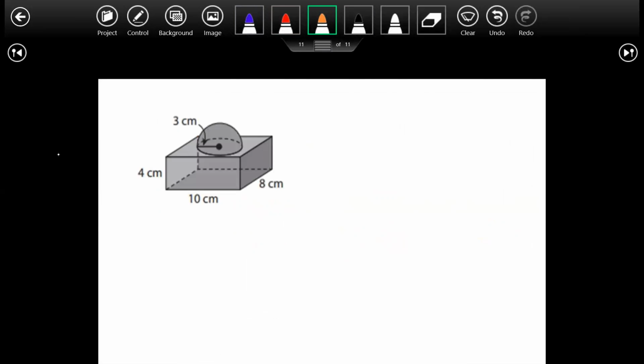Try to copy down this one. What I would do is build a small sphere.